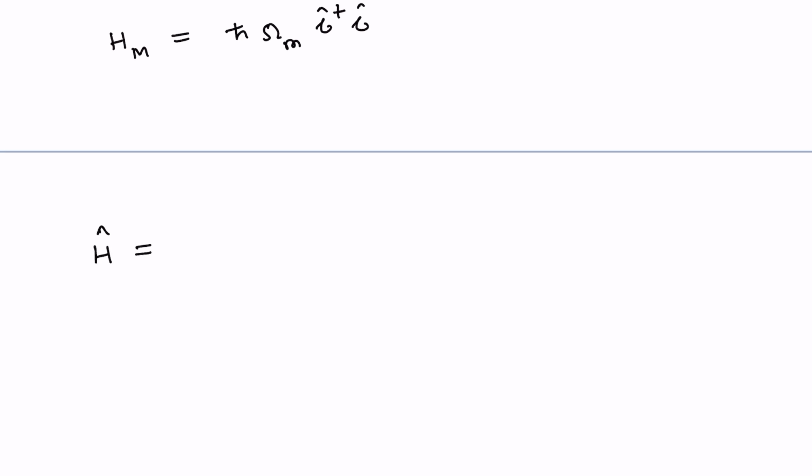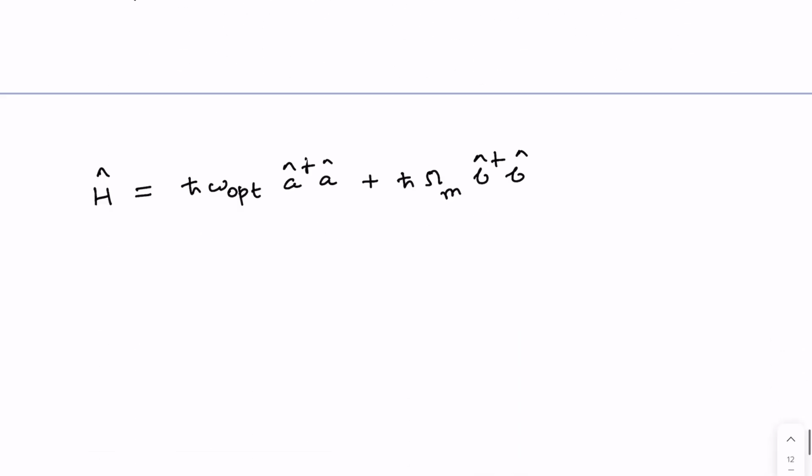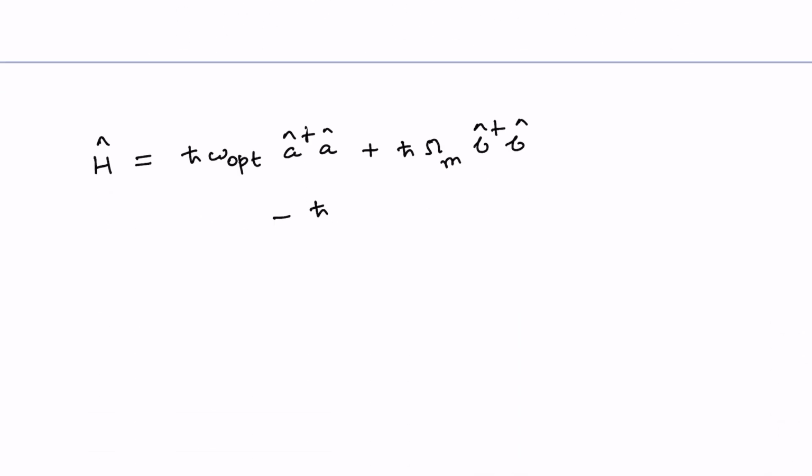Incorporating this, we have the total Hamiltonian. Now we have these terms: h bar omega optical a dagger a, that is the optical cavity mode energy. Then we have h cross omega m b dagger b, and we have this interaction term, h bar omega optical by L x cap a dagger a. And then we have the laser drive.